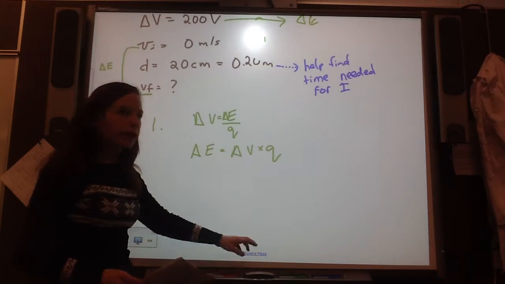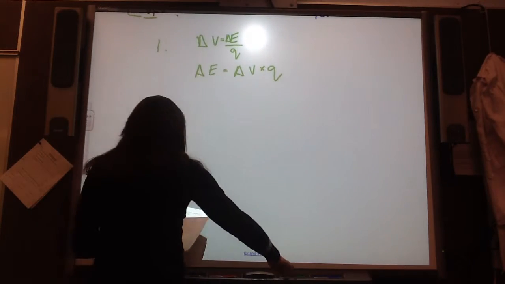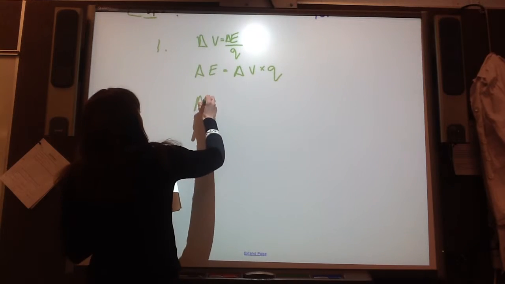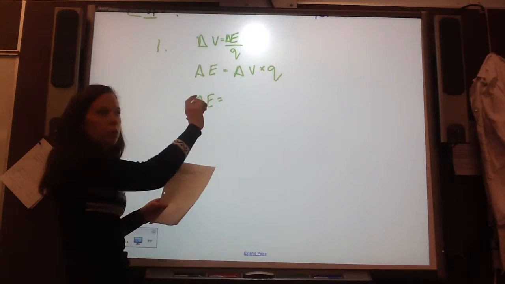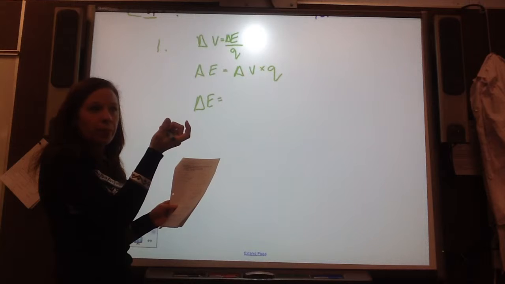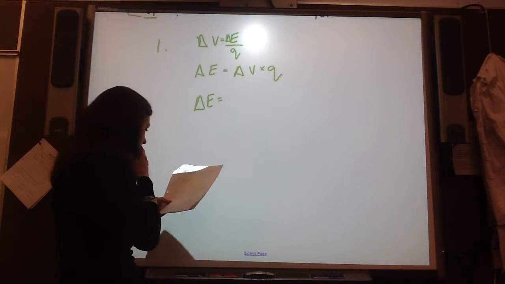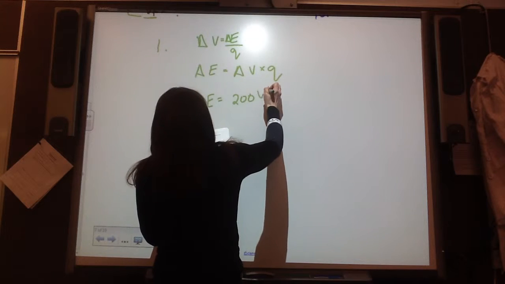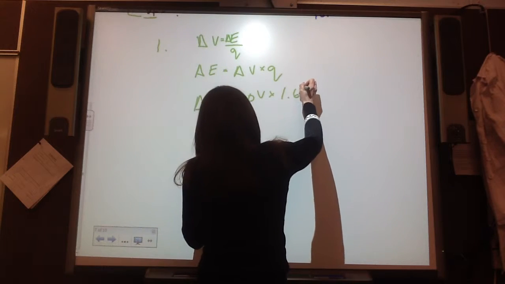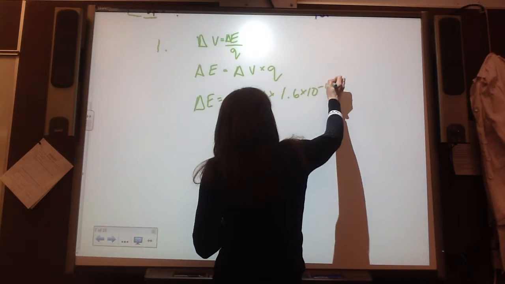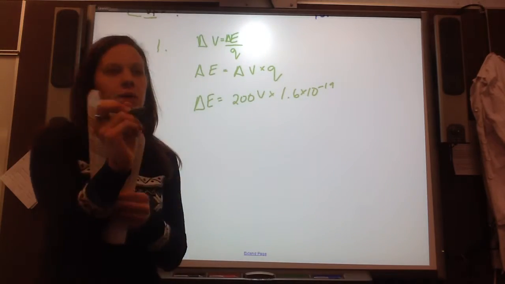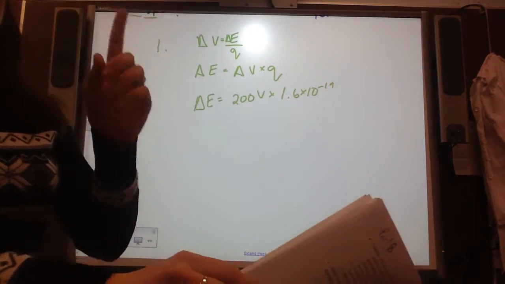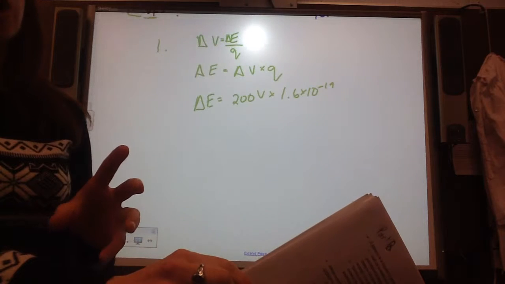Okay, so now we're back to here. Do you understand why I need to find delta E? The change in energy? Okay, good. So we have our 200 volts multiplied by 1.6 times 10 to the negative 19. Remember, because this is a proton, it's one positive elementary charge.